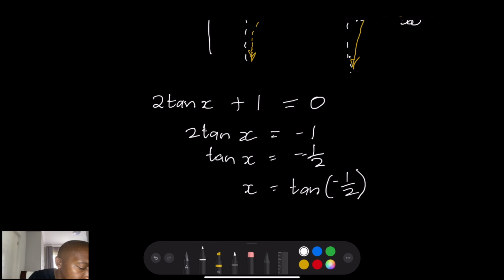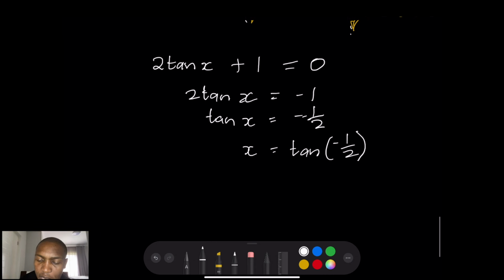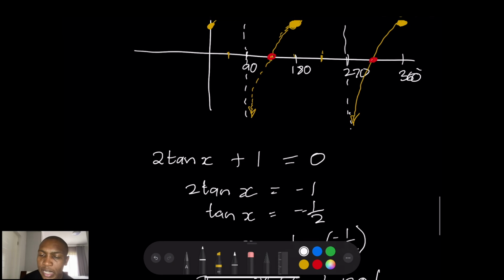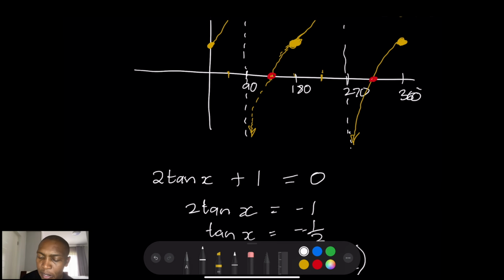When I get that value, arctan of negative 1 over 2, I get minus 26.56. Now, it means that x would be equal to minus 26.56, but remember we say plus 180k, where k is an element of integers.